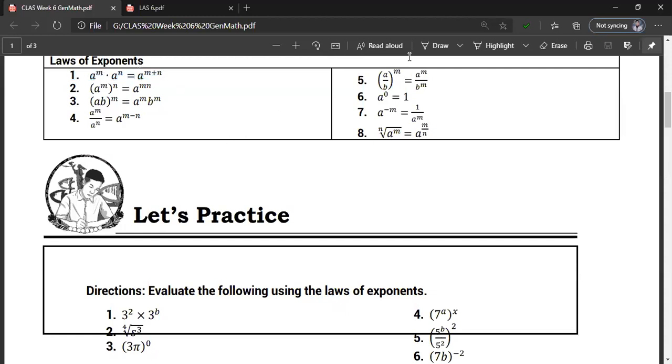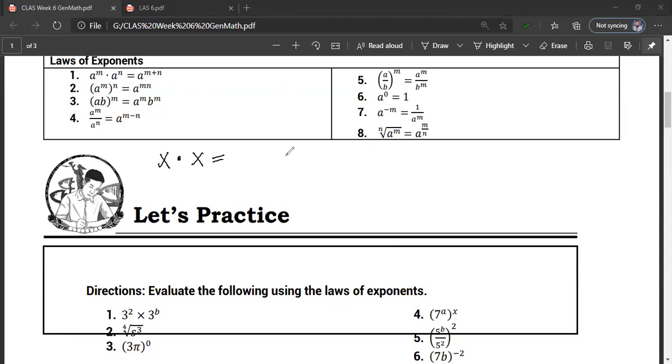Example, kunwari, basic example, x times x. Ilan ang answer? X squared po, sir. Okay, x squared. Bakit x squared?